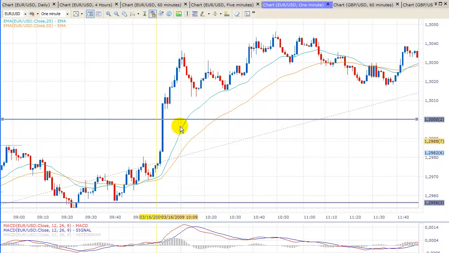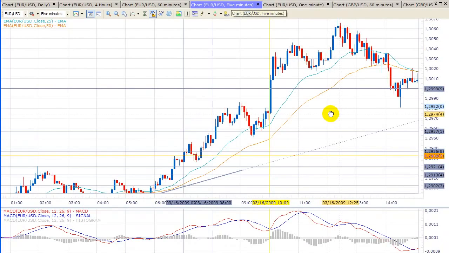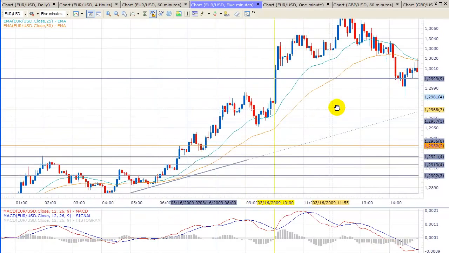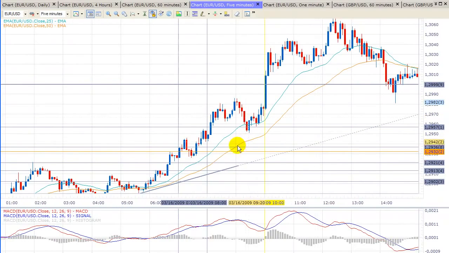But here the resistance was really violated, and the price keeps going all the way up. So it was a really good start of the session, really good for profiting opportunities. I actually made 10-20 pips in the first two lots, and about 100 pips in the runner.